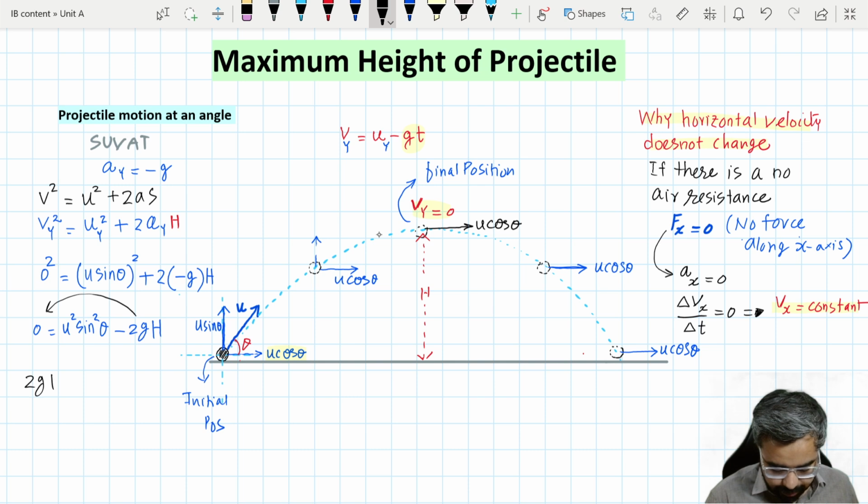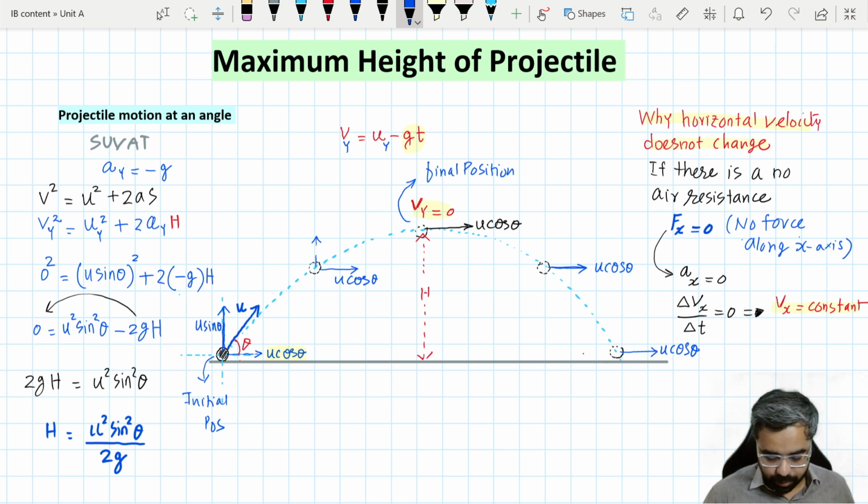So 2gh equals u squared sine squared theta. So now the height is h equals u squared sine squared theta over 2g. This is an expression that you can directly apply in your Paper 1A, which is about MCQs, multiple choice questions, if you are given the initial velocity and angle. So this is the expression for the maximum height.